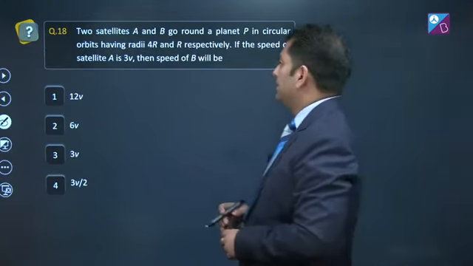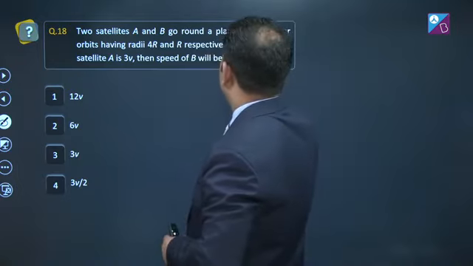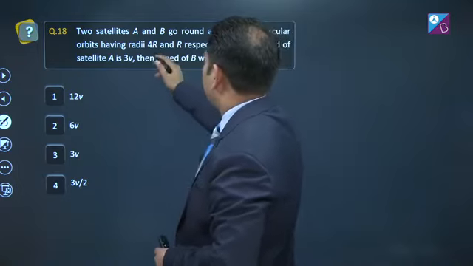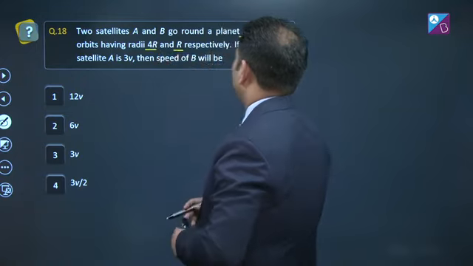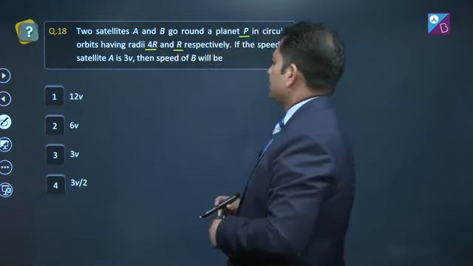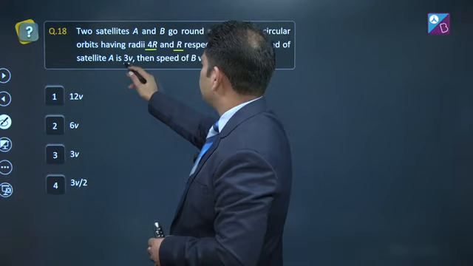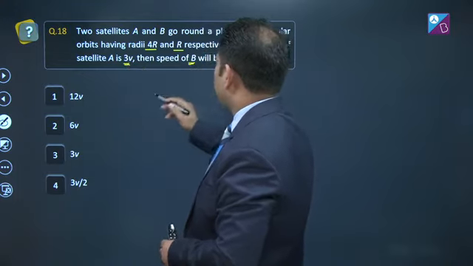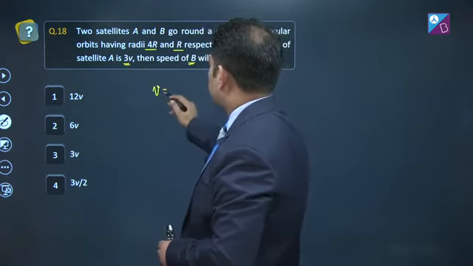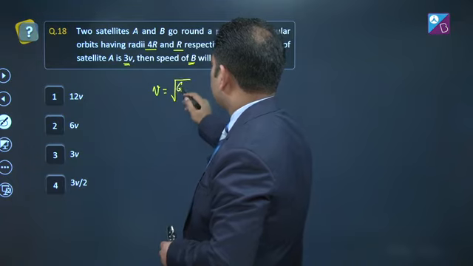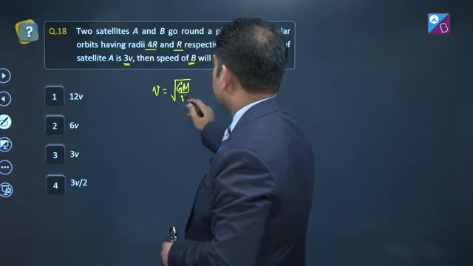Question number 18. There are two satellites going around a planet P in circular orbits of radii 4r and r. If the speed of satellite A is 3v, what is the speed of B? Well, orbital speed we all know is root of GM by r.